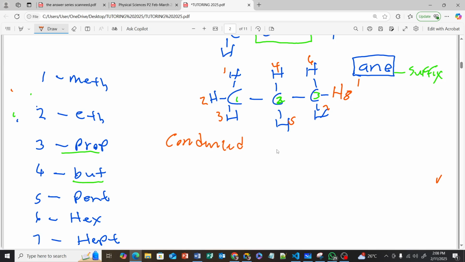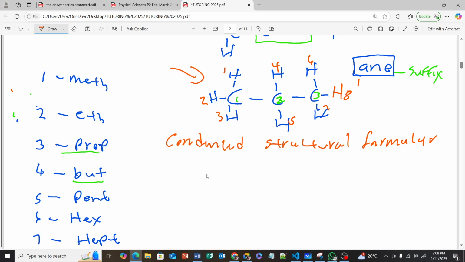So a condensed structural formula for the molecule you are seeing on the board is some kind of a summary of a structural formula.